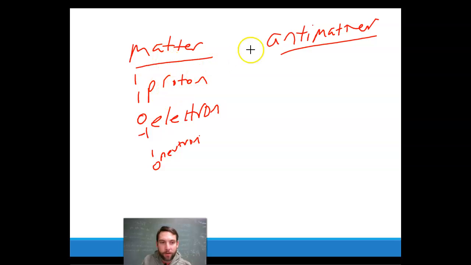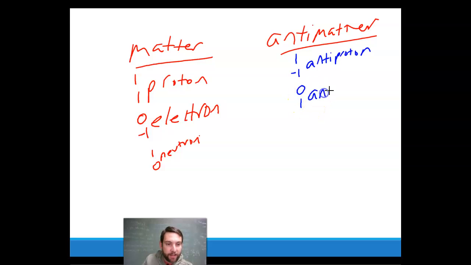So we have this matter. The antimatter version of a proton would be, it still has mass, but the charge is -1. This would be an antiproton. An electron, mass is the same. The only thing that's different is the charge becomes +1.